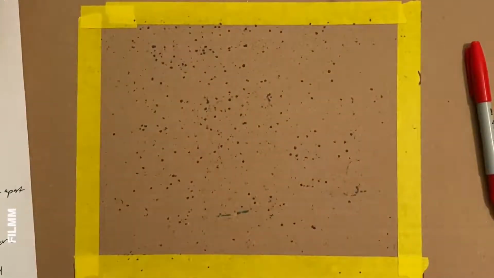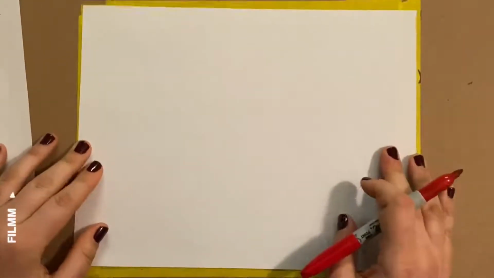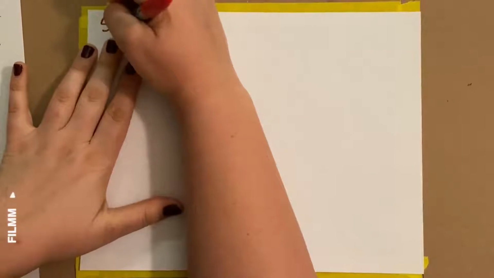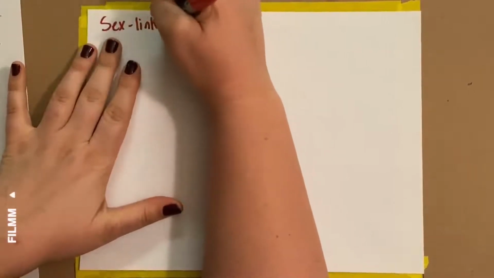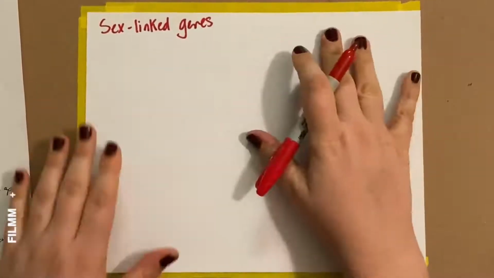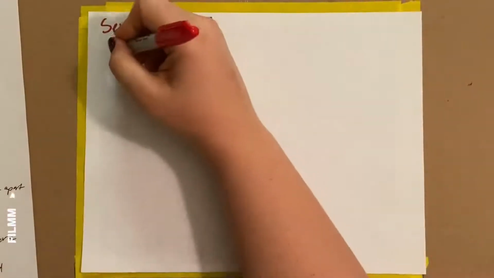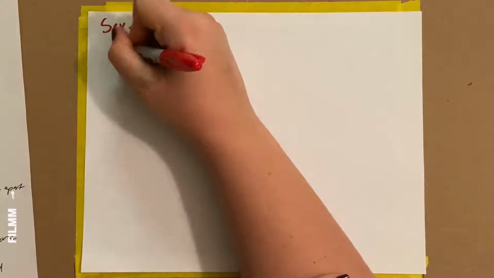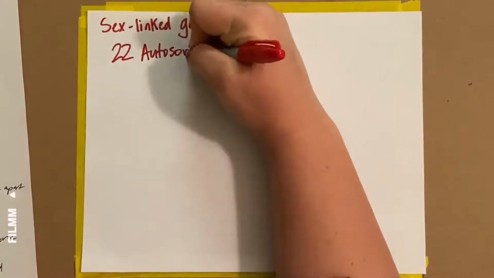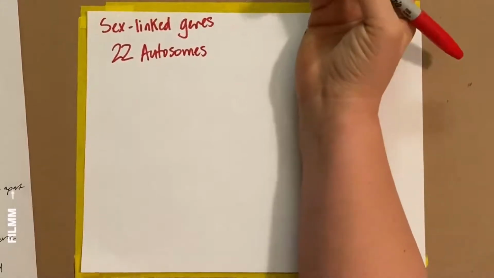Last but not least, I want to talk a little bit about sex-linked genes. If you remember, we have 23 chromosome pairs, and 22 of them are autosomes, which means they're basically the same chromosome.